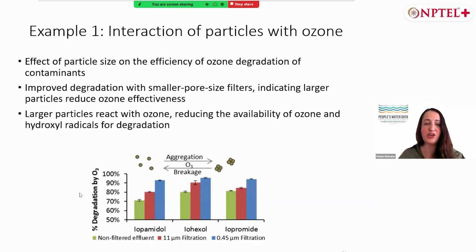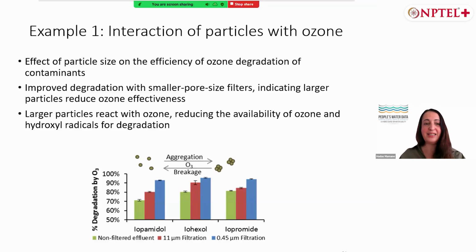And what we can see here is that the percent degradation by ozone is much smaller for the non-filtered effluent, which means that if we want to improve degradation of micropollutants in water, it's important to filter the water before that to remove the small particles.